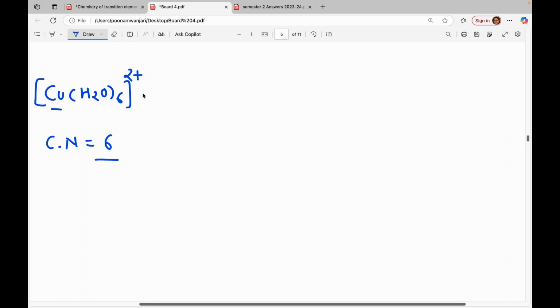Now we need to understand ligand replacement. The question says that 4 of the water molecules are replaced with 2 ethanedioate ions, C2O4 2-. So we are replacing 4 water molecules. So directly, student, write down 4 molecules are coming out.